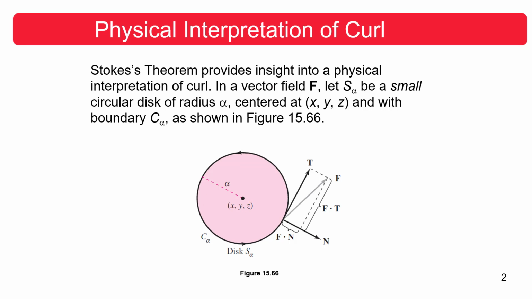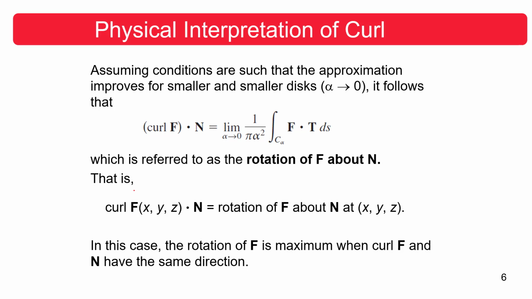And if we look at the limit as alpha goes to 0, that gives us the work divided by the area as alpha goes to 0. That's the curl of f at x, y, and z. In other words, a way to define the curl, well, the curl dot the normal vector, is the limit as the radius goes to 0.